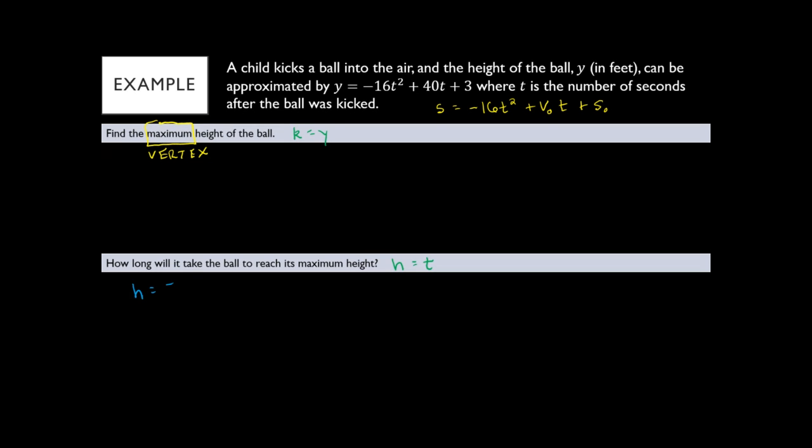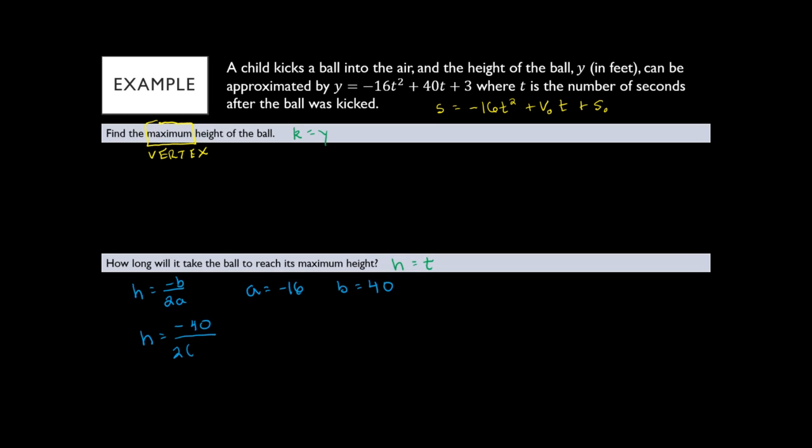And so h is negative b over 2a. And a is negative 16. B is 40. That's what's in front of the t. So it doesn't matter if it's an x or a t. It's just whatever's in front of these things. So negative 40 goes on top.